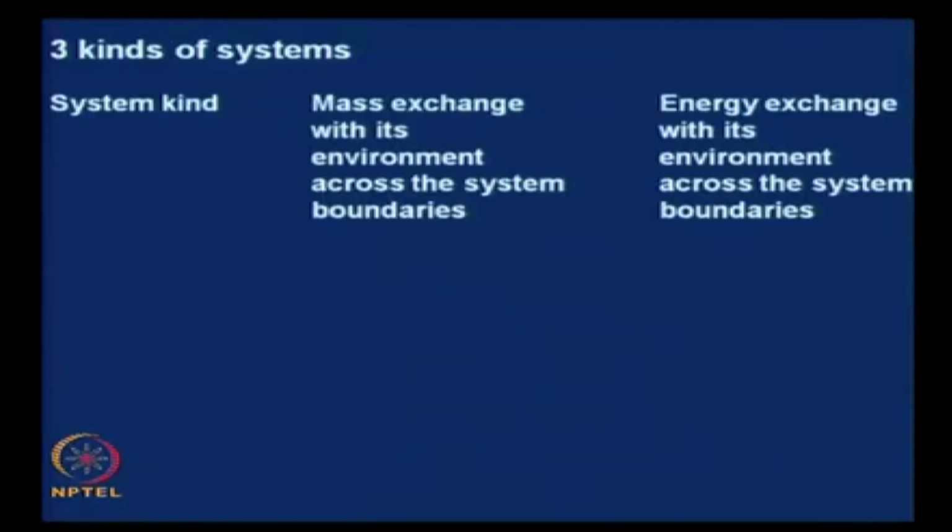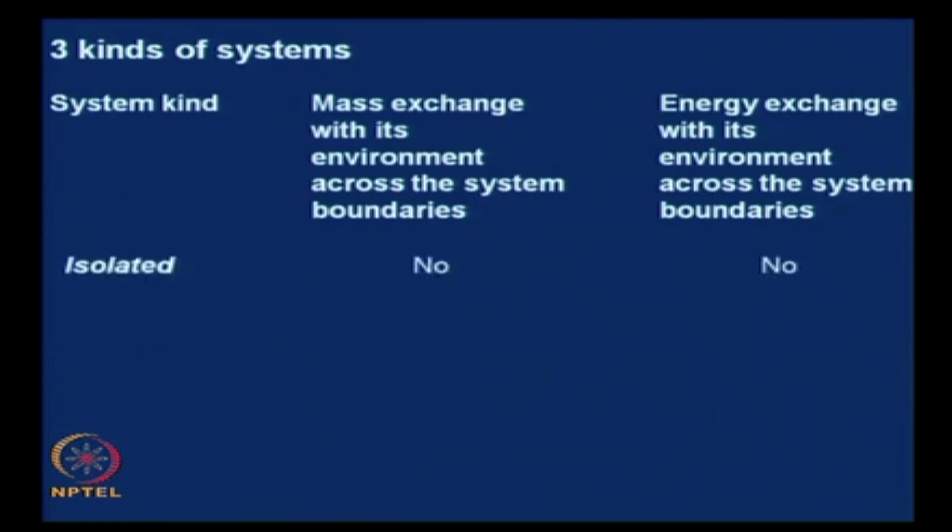We also learnt that there are three kinds of systems depending on whether there is mass exchange between the system and its surroundings across the system boundaries. That across the system boundaries is very important, please make a note of that. And also whether there is energy exchange between the system and its surroundings across the system boundaries.